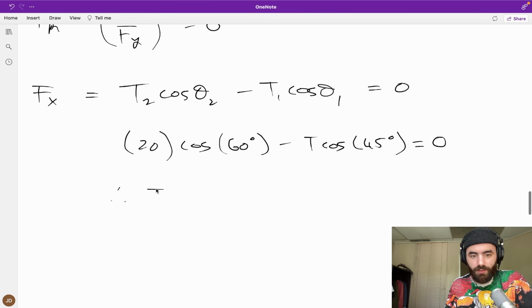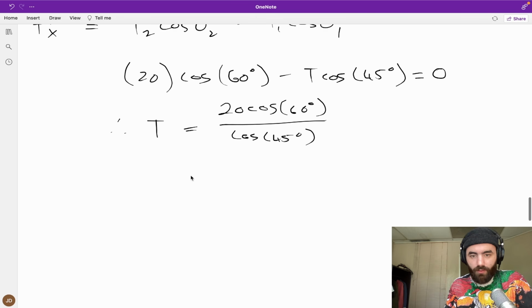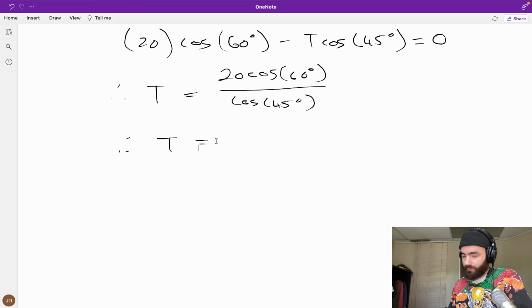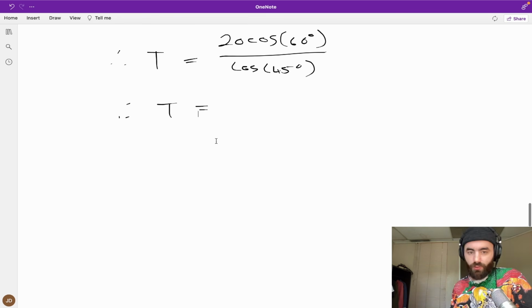Therefore, we get T will equal 20 cos of 60 degrees divided by cos of 45 degrees, which is 14.1 newtons.